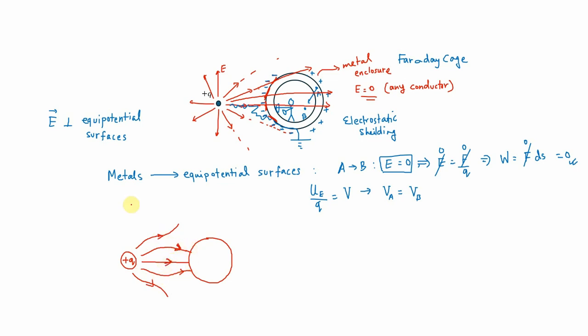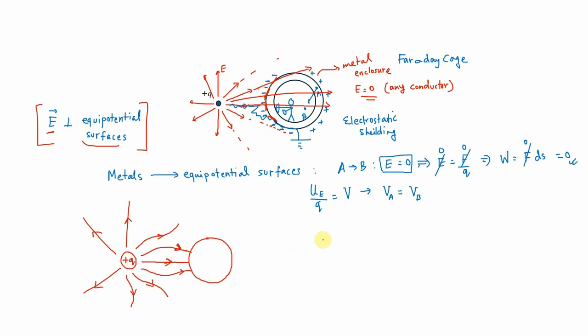So the electric field lines must themselves bend to accommodate that. And that must always be true because electric field must always be perpendicular to equipotential surfaces.